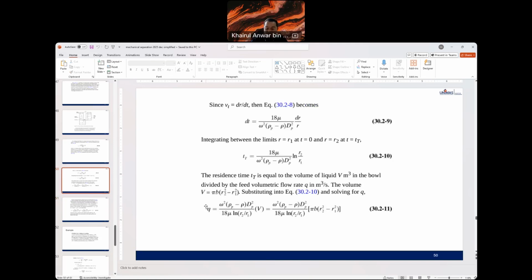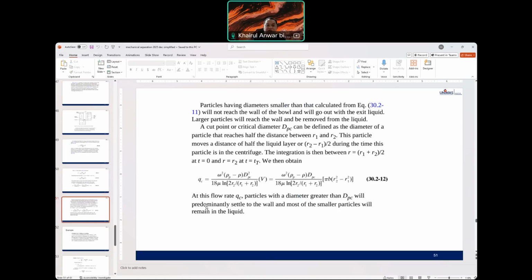This is QC. It refers to the critical diameter, the minimum diameter that allows the particle to reach the bowl wall.